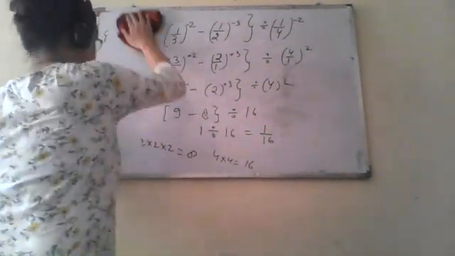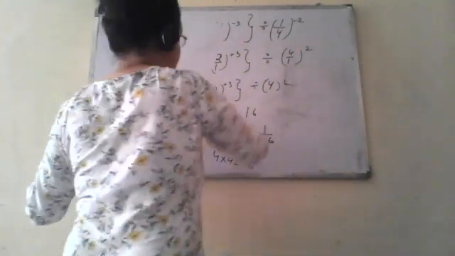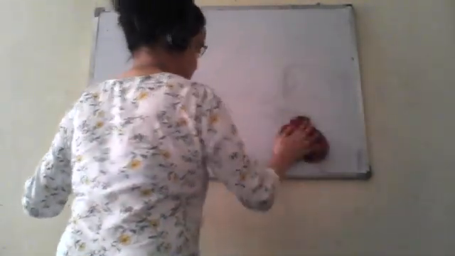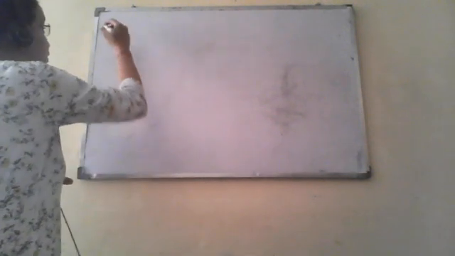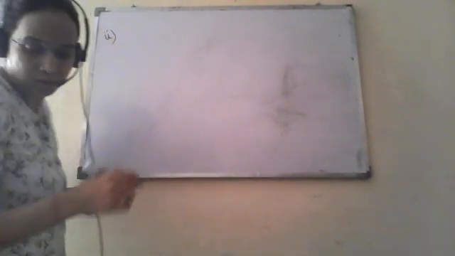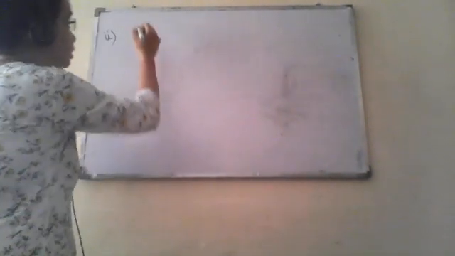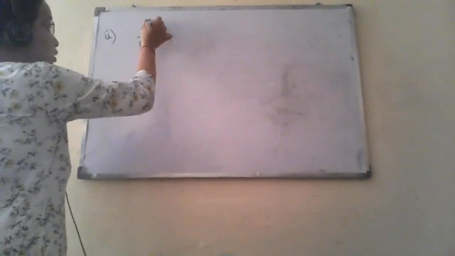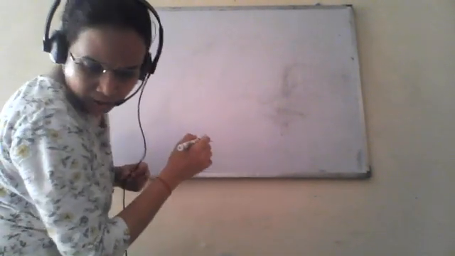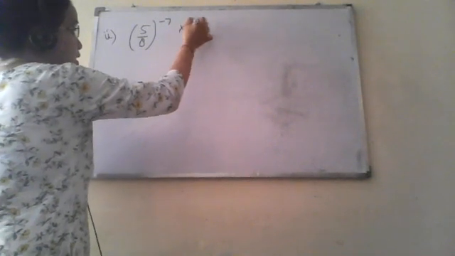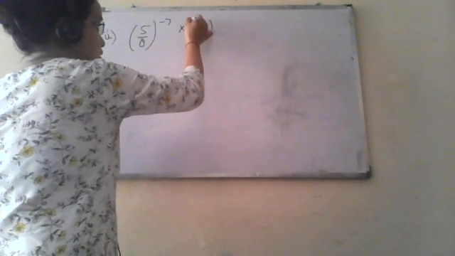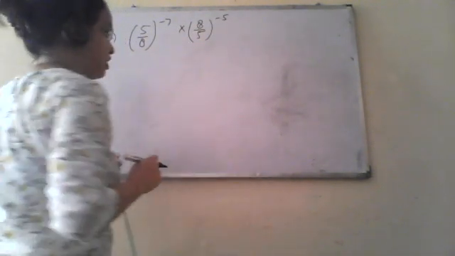Now the second part. The second part is (5/8) raised to the power minus 7 into (8/5) to the power minus 5.